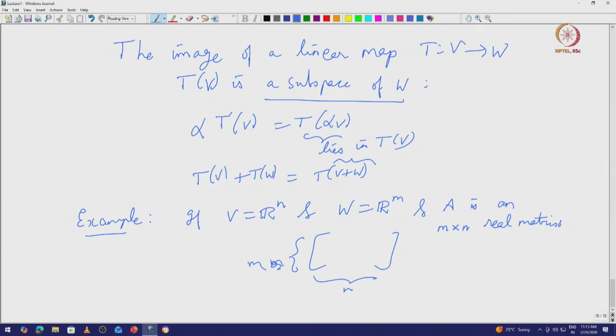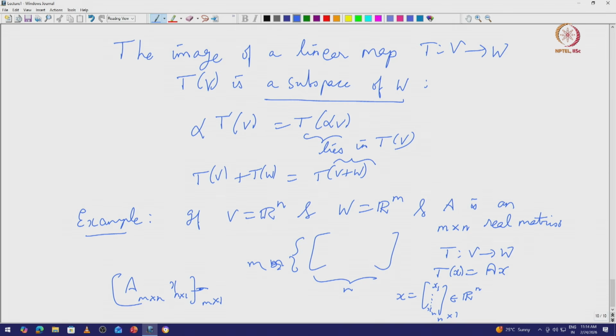So how can you get a linear map T from V to W given by T of x equals Ax? So x is a vector in R^n, and typically vectors are denoted as columns. So if you take a vector as a column vector, it has only one column but n rows. You can multiply an m by n matrix with an n by 1 column vector and get an m by 1 column vector.